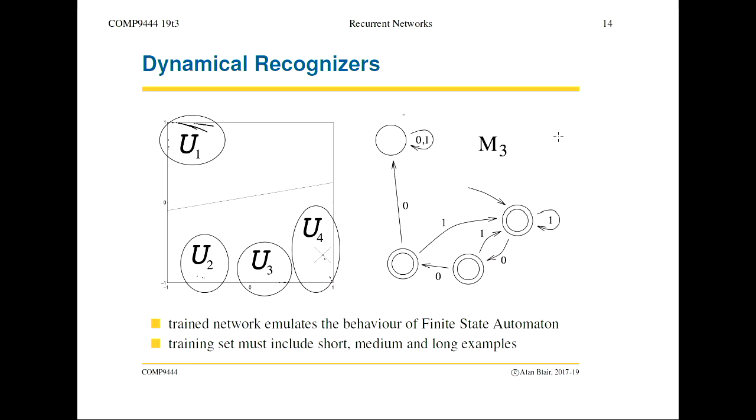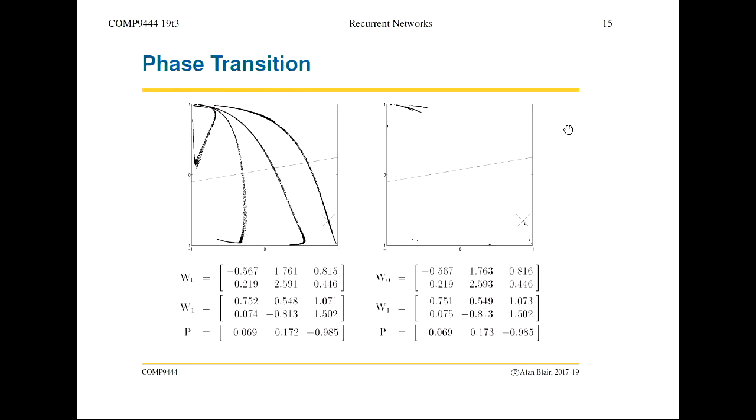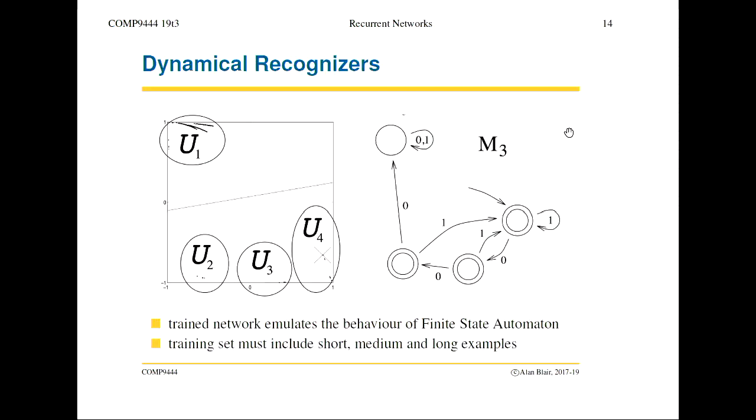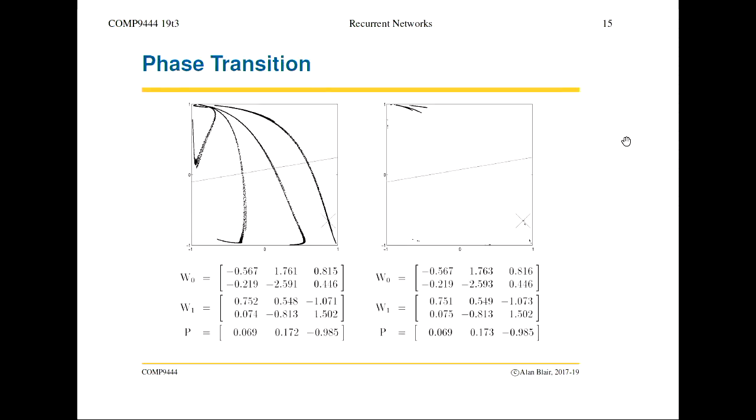So it often happens that the network exactly mimics the behavior of a finite state machine, but while it's being trained, sometimes it exhibits dynamics that can't be fully captured by a finite state machine, and sometimes we can see a sort of phase transition from one to the other.